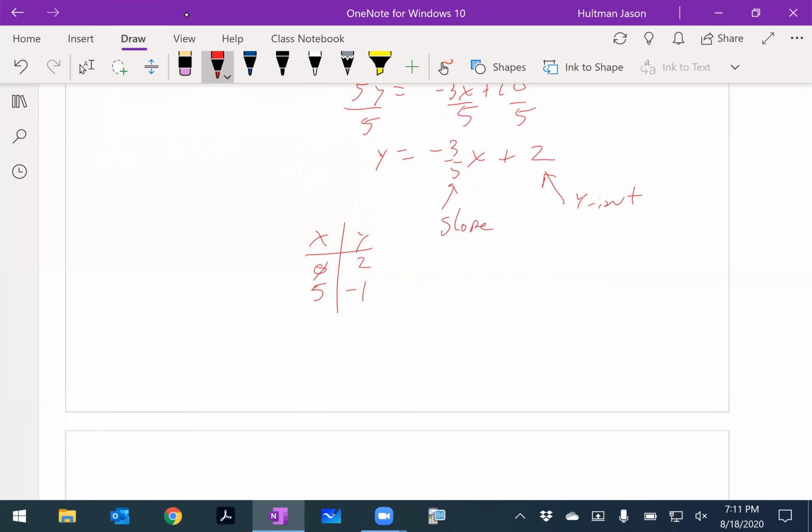And what happens if I plug in negative 5? I'm using 5s here because the denominator is 5, and that will cancel nicely. If I plug in negative 5 for x, then that becomes a negative 1 when those two cancel. Negative 1 times negative 3 is positive 3, plus positive 2 is a positive 5.